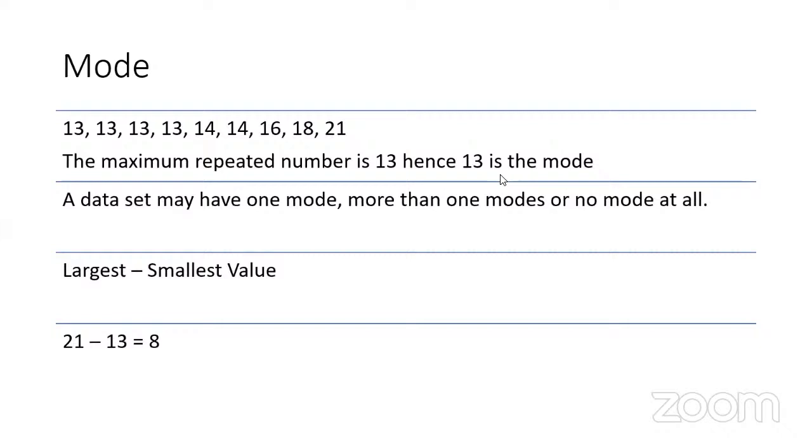I'm giving it in ascending order: 9, 9, 9, 10, 10, 14, 15, 16, 19, 20. Find the mean, median, mode, and range of the given data set.